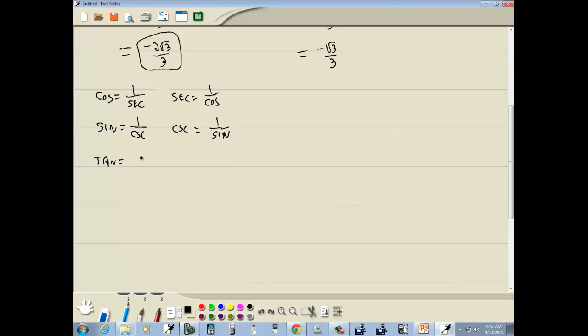Tangent is equal to 1 over cotangent. And cotangent is equal to 1 over tangent. Those are our reciprocal identities. Now we also have that tangent is equal to sine over cosine, and I'm not putting the degrees on or the theta on here, but it's implied. And cotangent is equal to cosine over sine.